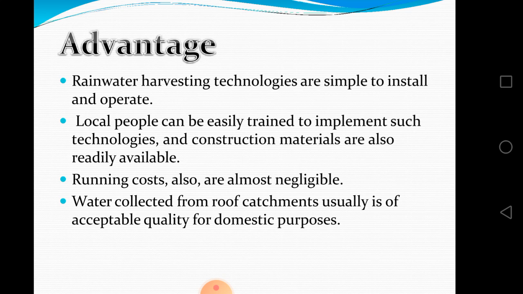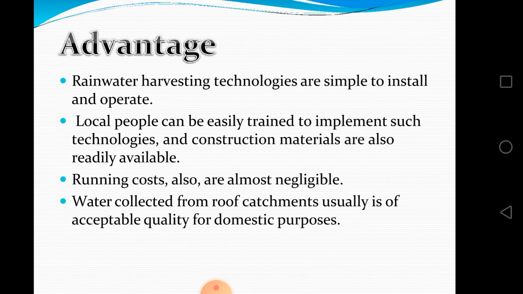It's very simple to install, and simple techniques are there to install rainwater collection. As we said, just as we collect water in jars, in the same way we can collect rainwater, and local people can be easily trained to implement such technology, and construction materials are also readily available. There is no high technology or high-cost construction material used to develop rainwater harvesting.